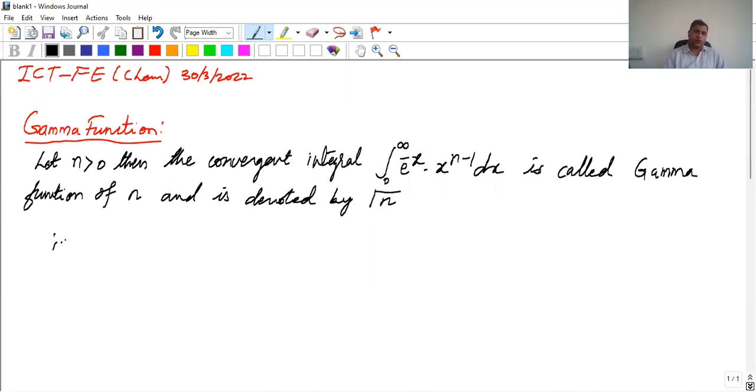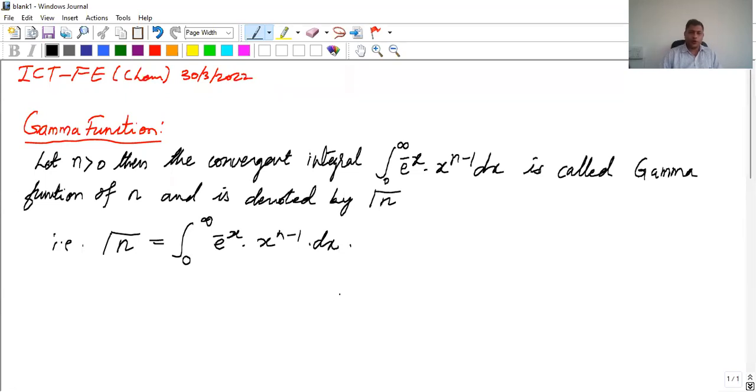So gamma of n is equal to the integral from 0 to infinity of e raised to minus x, x raised to n minus 1 dx. That's what we have as the gamma function.